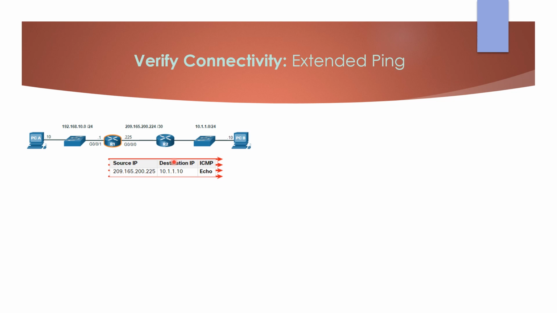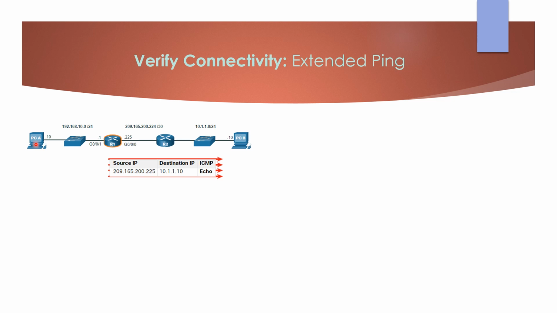For example, let's assume that you want to test connectivity from router 1 of this network, 192.168.10.0/24, to the LAN 10.1.1.0/24. This could be verified from PCA.